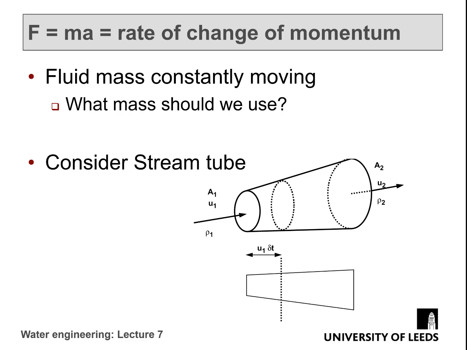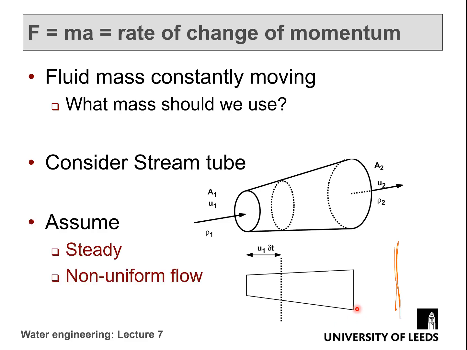Okay, so here on the lower image we've got a 2D slice through this stream tube. I'll switch my laser pointer on here. We're going to assume steady flow, non-uniform flow.